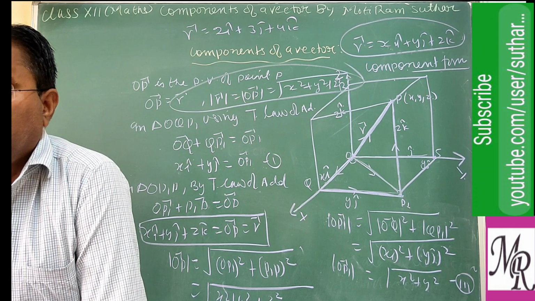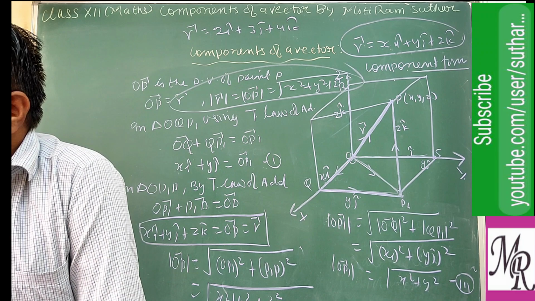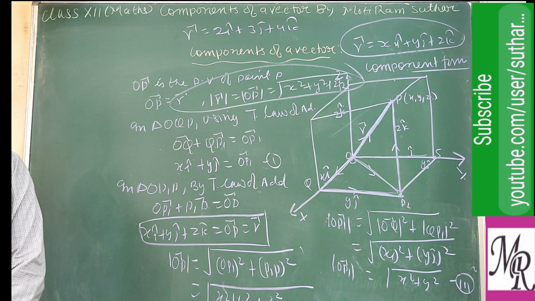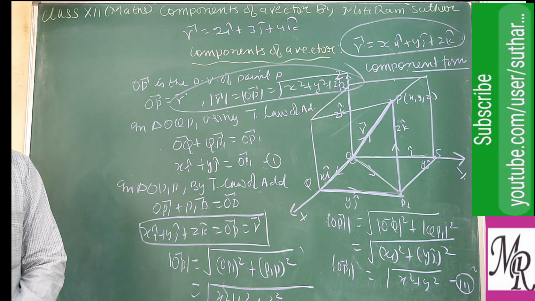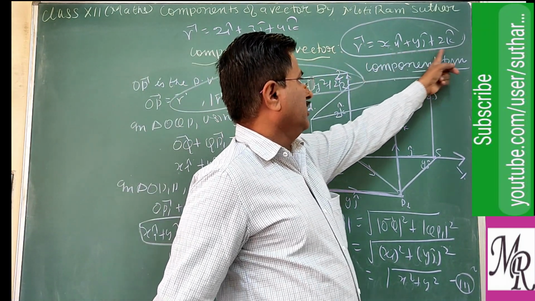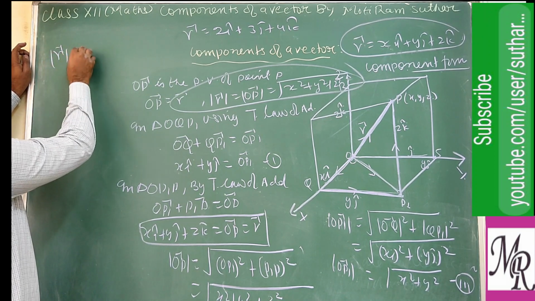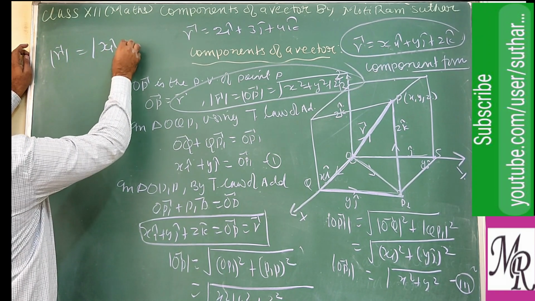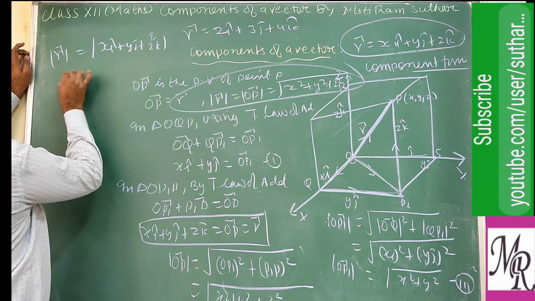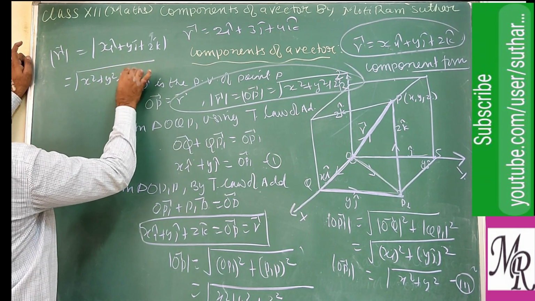If we are given a vector in component form, we can find the magnitude of the vector. Is this clear? How to find the magnitude of a vector? The magnitude of vector R, mode of xi plus yj plus zk, is root of x square plus y square plus z square.